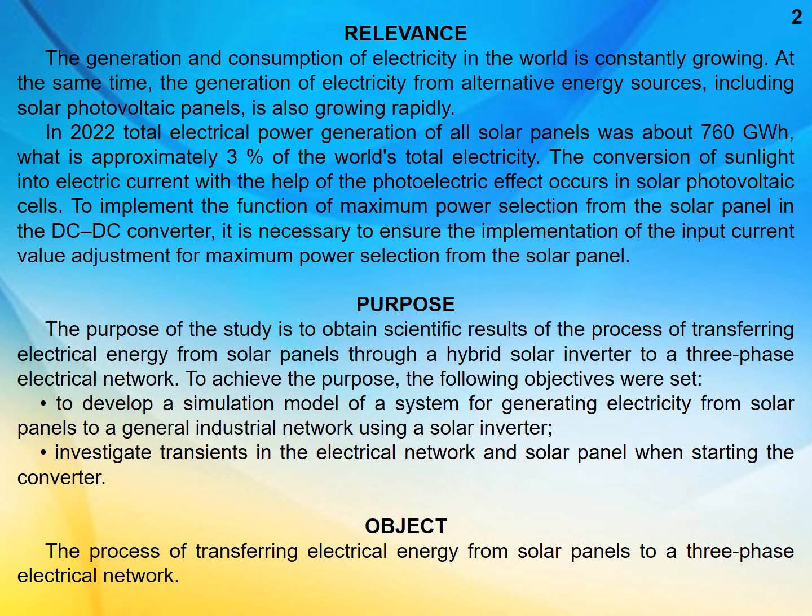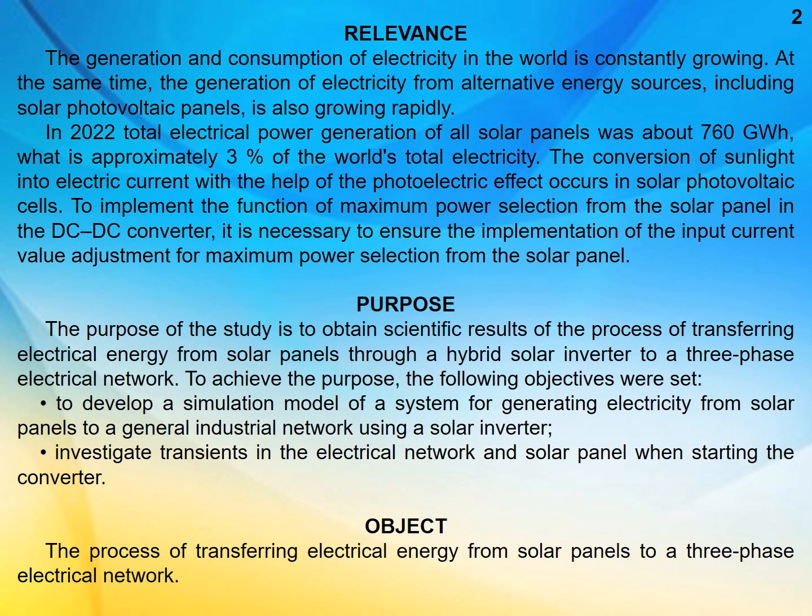The conversion of sunlight into electric current with the help of the photoelectric effect occurs in solar photovoltaic cells. To implement the function of maximum power selection from the solar panel in the DC-DC converter, it is necessary to ensure the implementation of the input current value adjustment for maximum power selection from the solar panel.